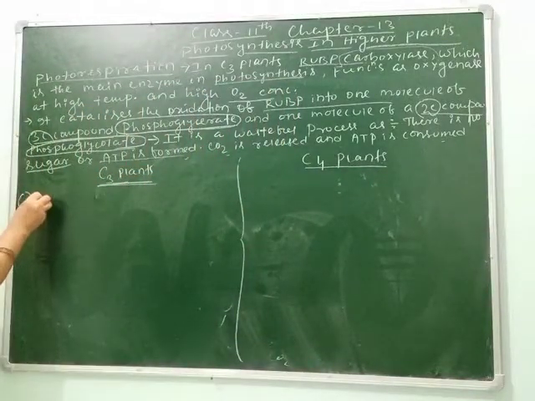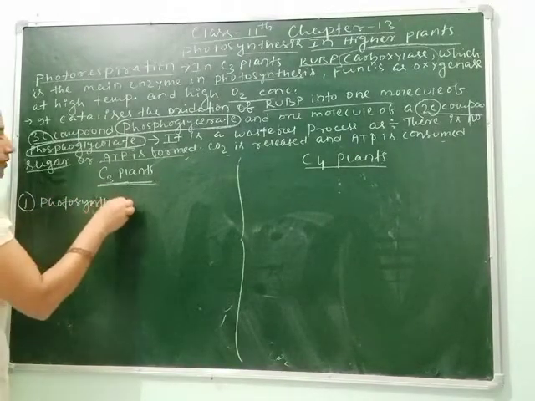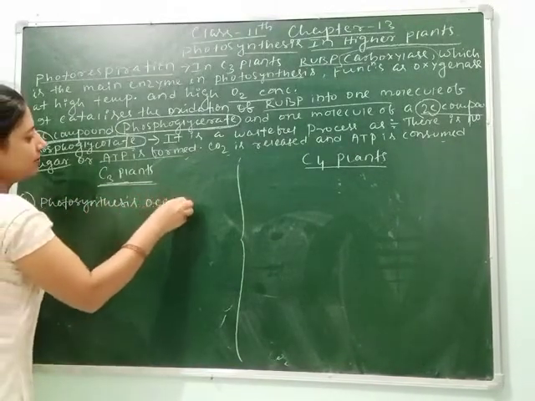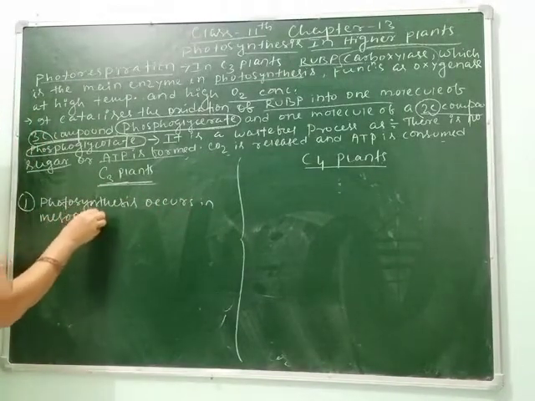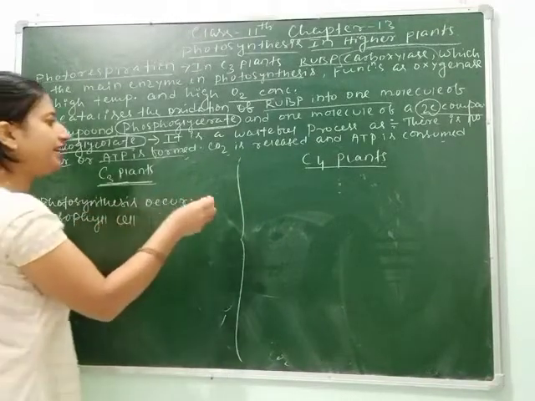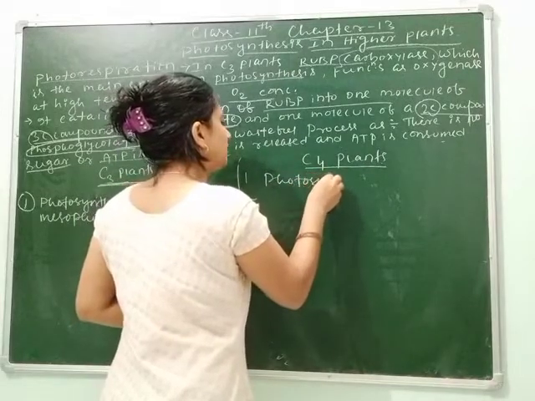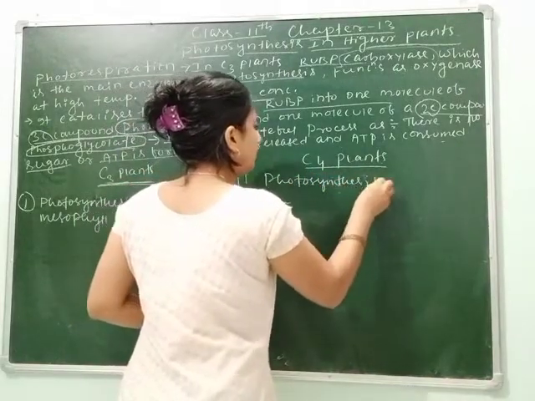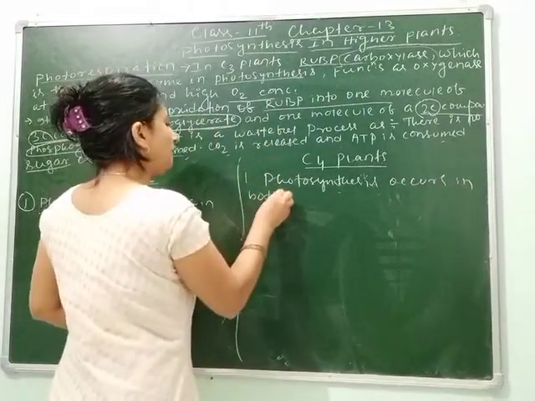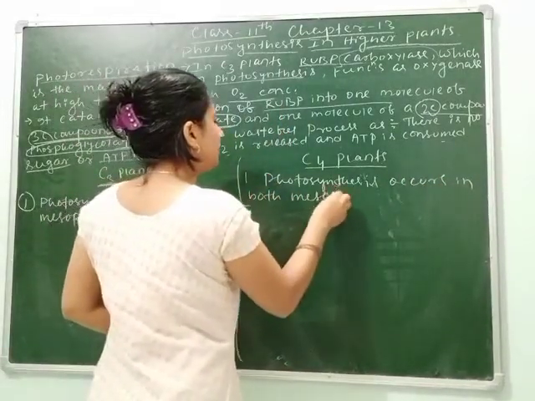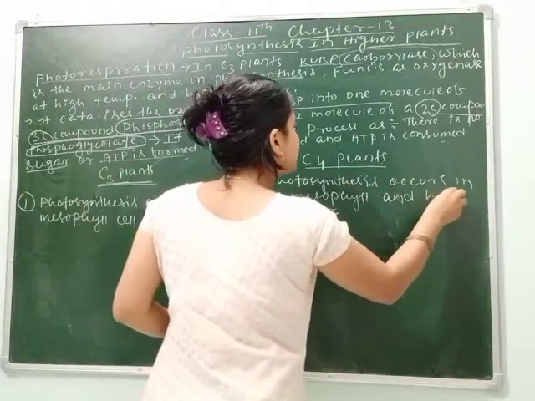So we can say that photosynthesis occurs in mesophyll cell. But in case of C4 plants, photosynthesis occurs in both mesophyll and bundle sheath cells.